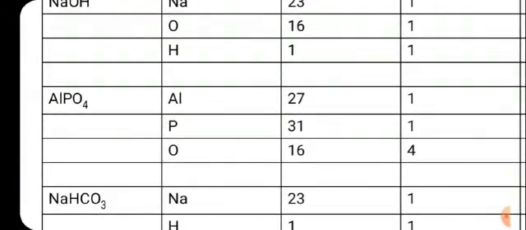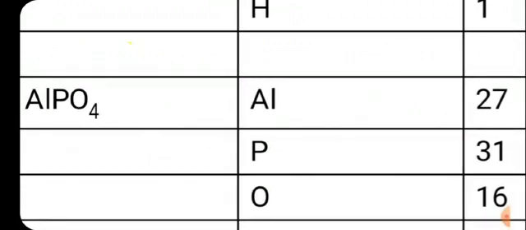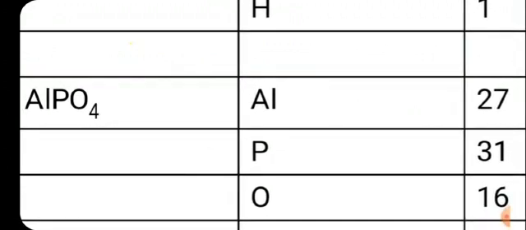Next molecule is aluminium phosphate. Constituent elements are aluminium, phosphorus, oxygen. Aluminium has atomic mass 27, phosphorus has atomic mass 31 and oxygen has atomic mass 16. In AlPO4, constituent elements are aluminium, phosphorus and oxygen and their number of atoms are aluminium 1, phosphorus 1 and 4 atoms of oxygen.